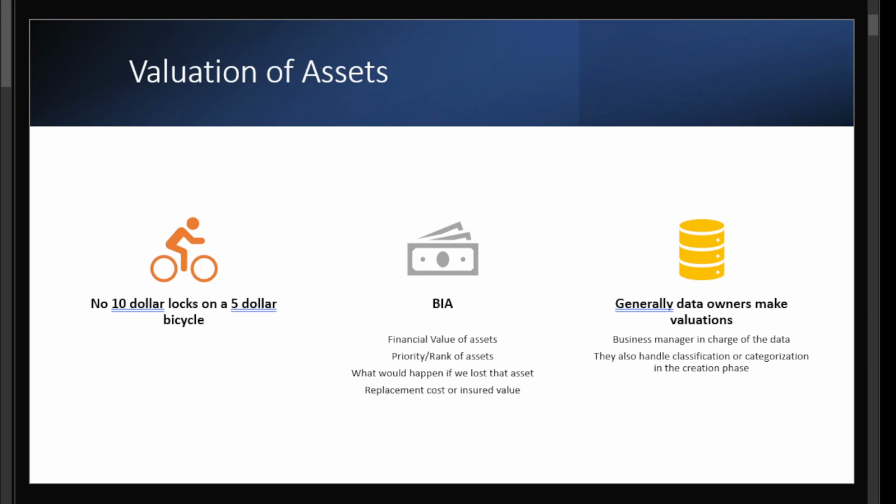That would go in tandem with the replacement cost or insured value of the asset. Generally, data owners make valuations. So the data owner will be conducting valuations in a general sense. The business manager in charge of the data is usually the data owner. They also handle classification or categorization in the creation phase.